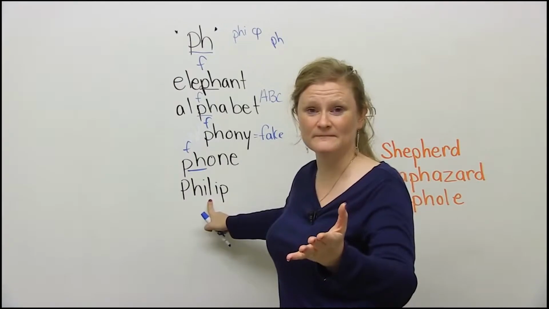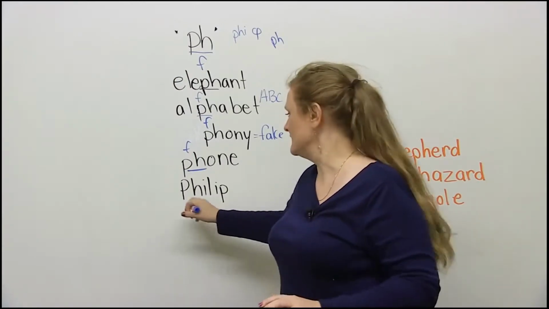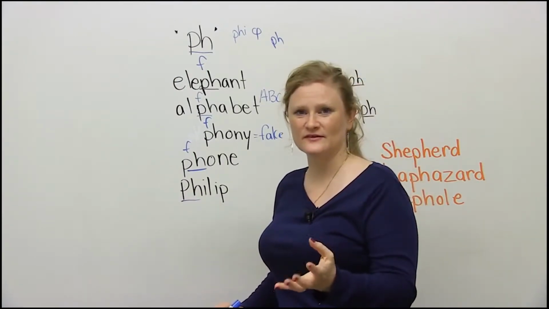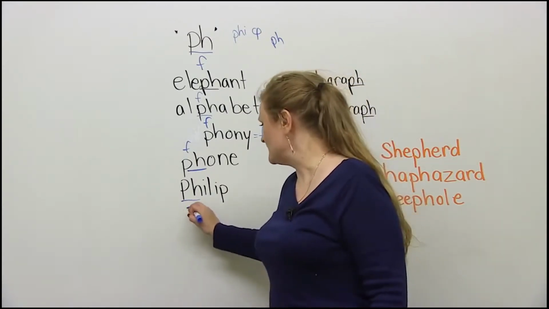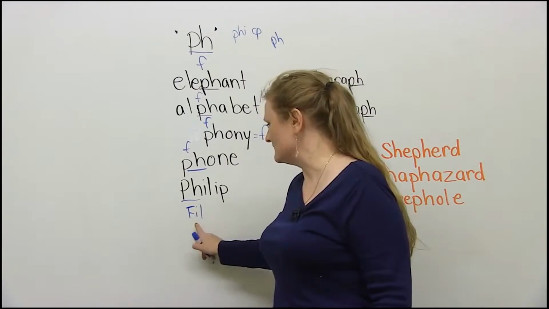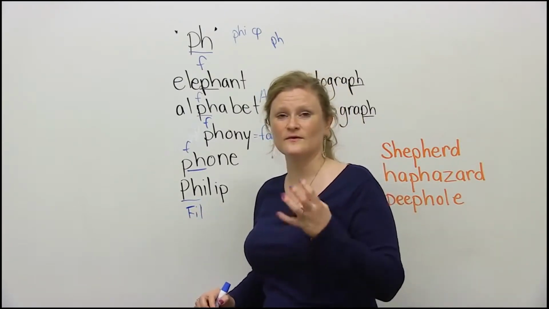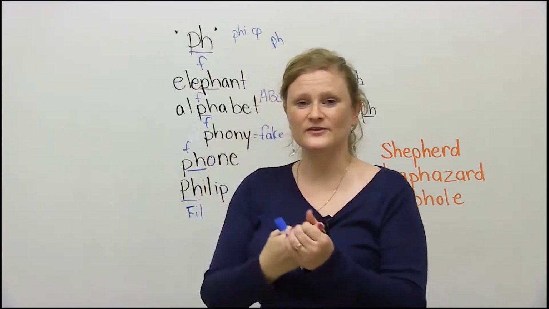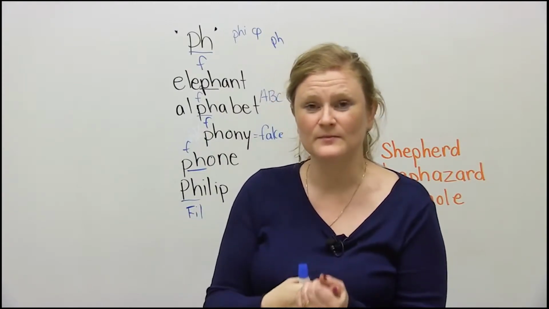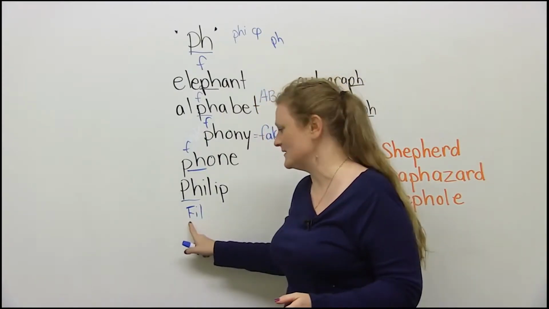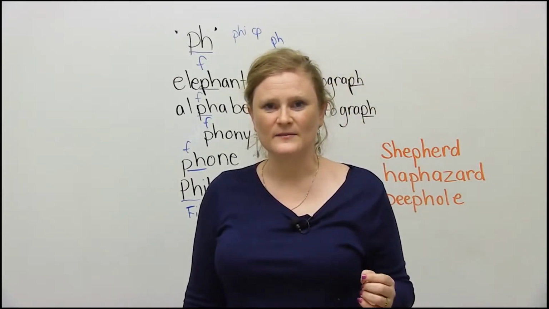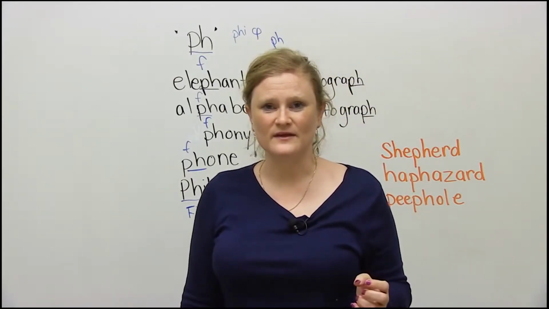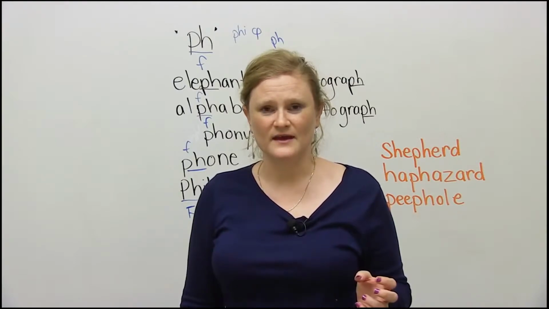A wonderful name, Philip. It looks like P-H, it looks like Phil-ip, but it's actually Philip. Some people actually write their name like this as a short form of Phil. My father's name was Philip, but he would always write his name Phil. And I asked him, "Daddy, why if your name is Philip, do you spell it with an F and not a PH?